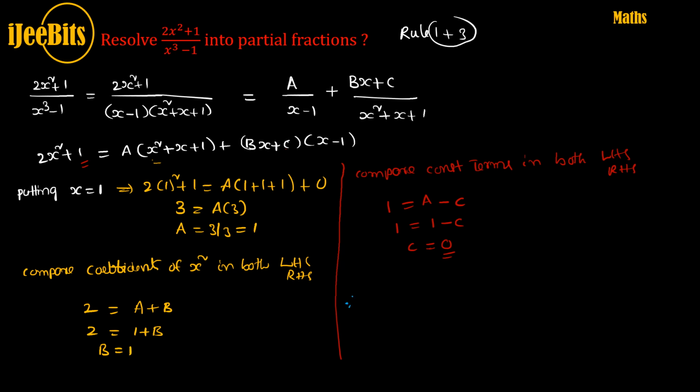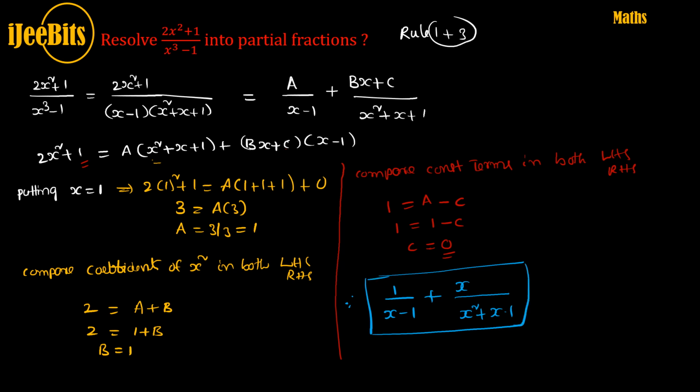Therefore the fraction equals 1/(x − 1) plus, B is also 1, so 1 into x plus C value 0, so x/(x² + x + 1) is the partial fraction decomposition of the given fraction. This is the answer for the given fraction.